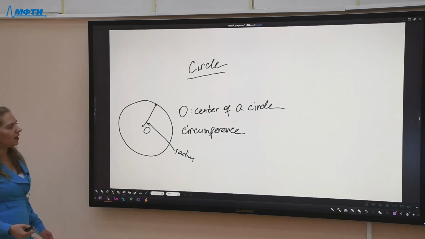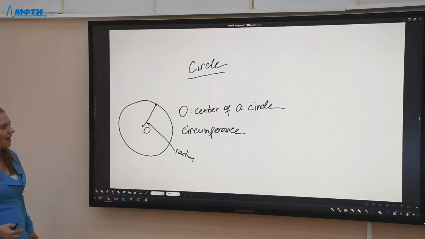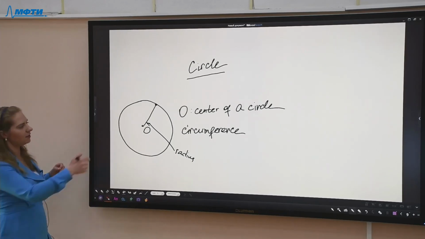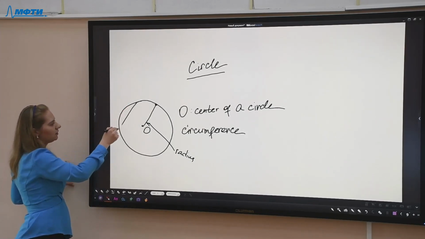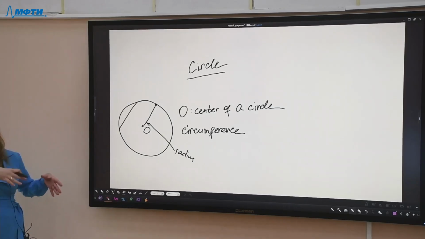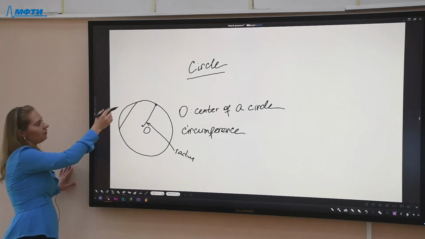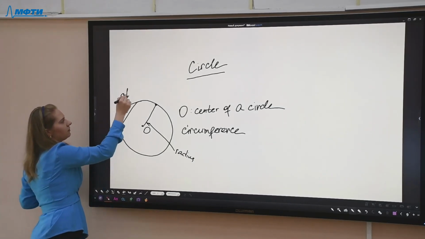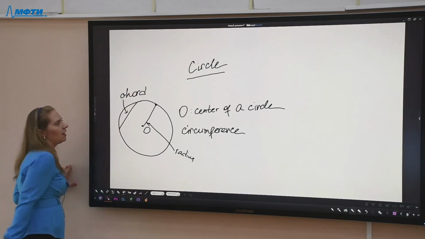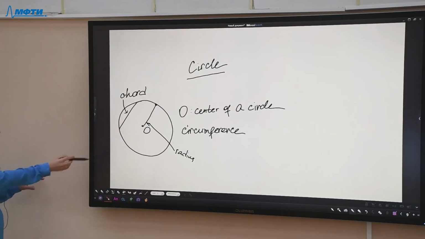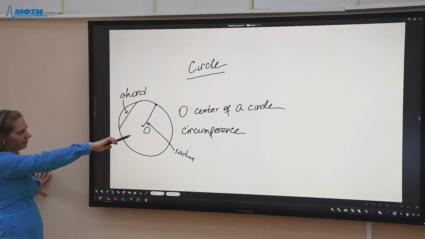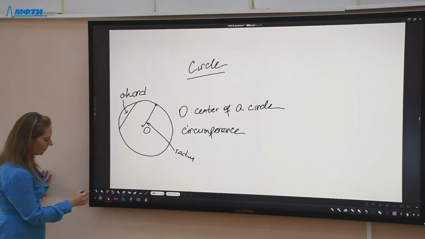If we take two points on a circle and join them, this line segment is called a chord. And if a chord passes through the center of a circle, it is called a diameter.